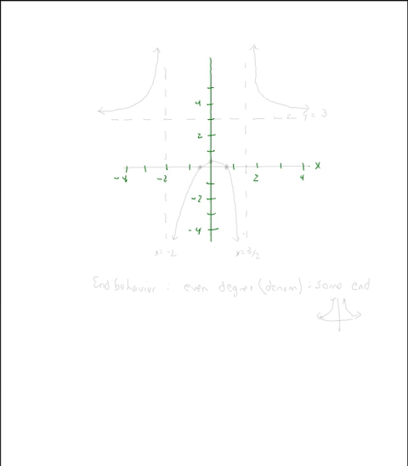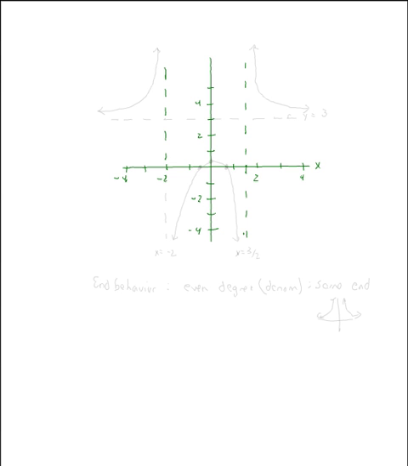We want to start graphing our function. First, we'll take a look at the vertical asymptotes we found earlier. We had a vertical asymptote at 3/2, so that's 1.5. So I have one vertical asymptote at x equals 3/2. We will have another vertical asymptote where x is equal to -2.